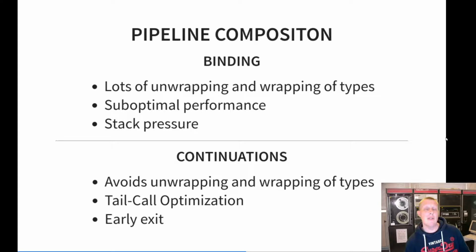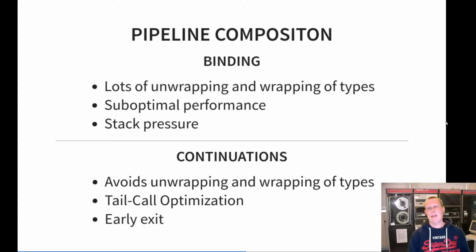The other thing is that you're going to get loads and loads of small function calls. Every time you call a function and that function calls a function, which calls a function, everything gets pushed on the stack, and the stack grows, and you get pretty big stack pressure, because these pipelines can and will get pretty long at times.